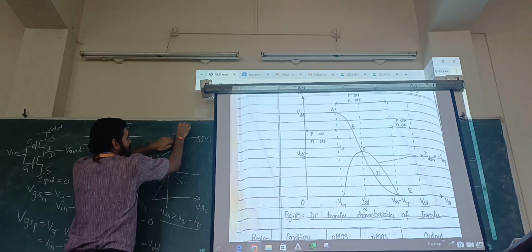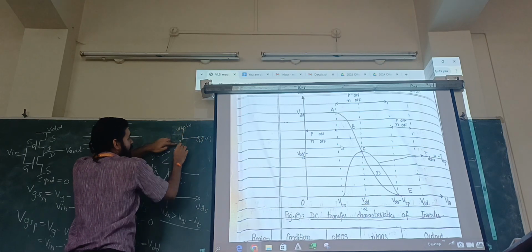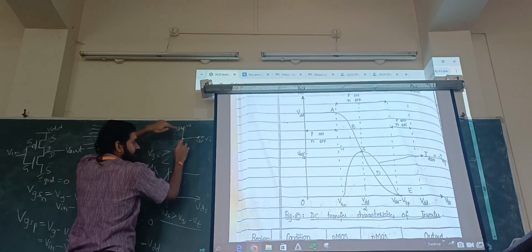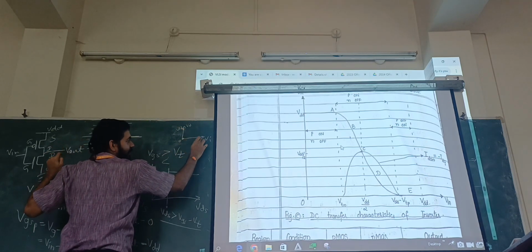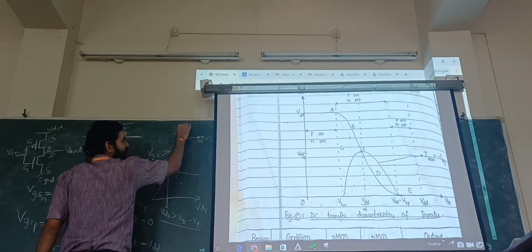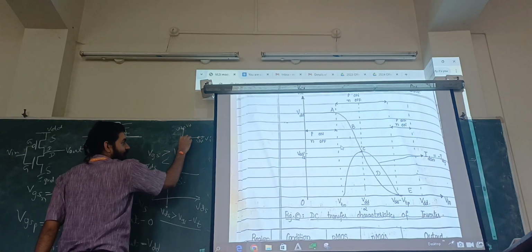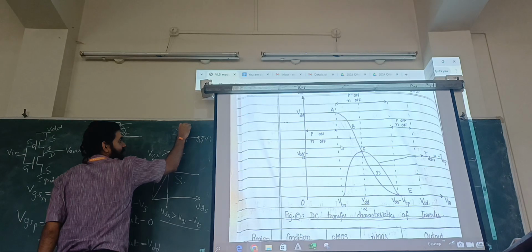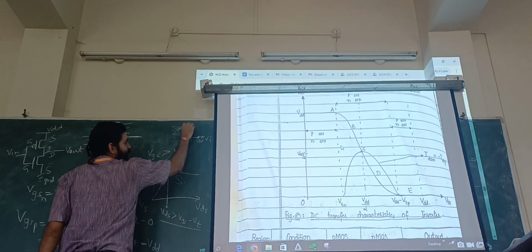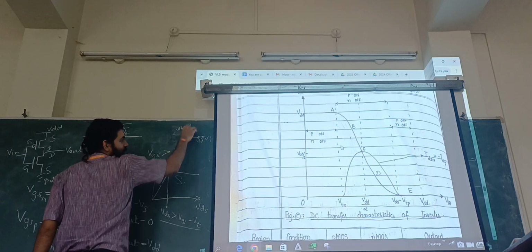This is VDD, this is 0. Input 0, output 1. Input is 1, 2, 3, 4, 5. If input is 5 volts, output will become 0, okay. But if input is 1 volt, output is still 1. If input is 2 volts, output is almost near 1 but slowly converging.